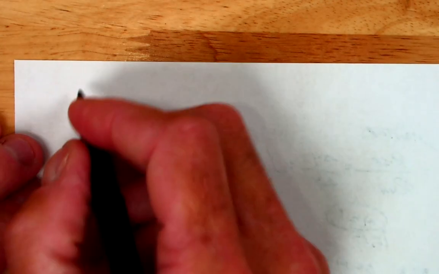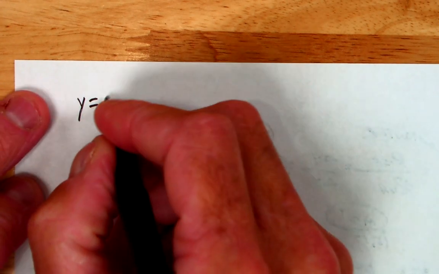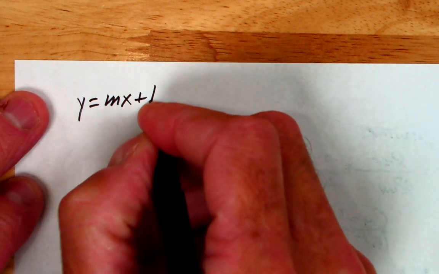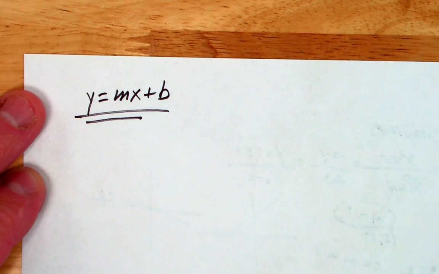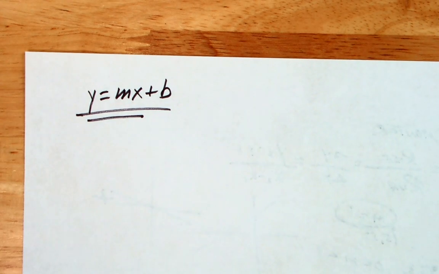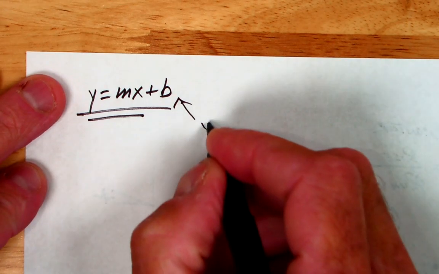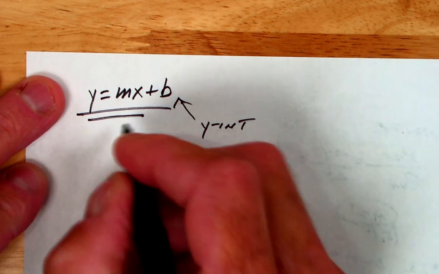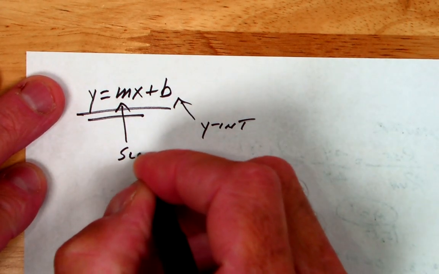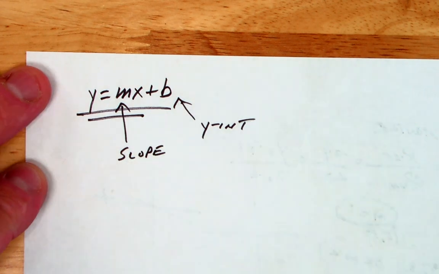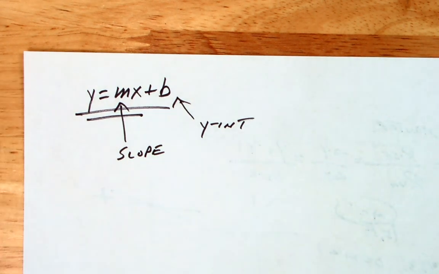If I give you an equation, we're going to use this form, y equals mx plus b. I want you to be able to graph it. That's my y-intercept, and that's my slope. Always. If y is by itself, that is always the case.